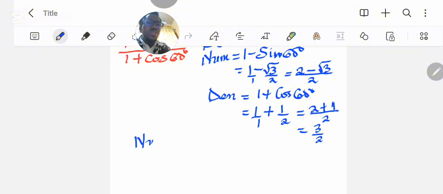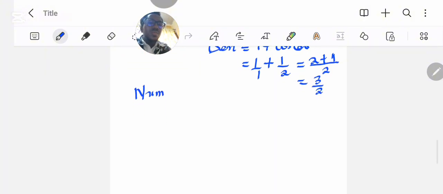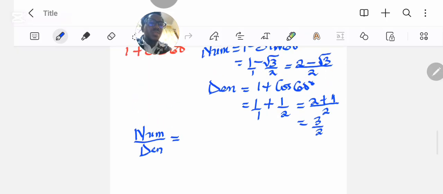So let's write the division like this: our numerator divided by the denominator.